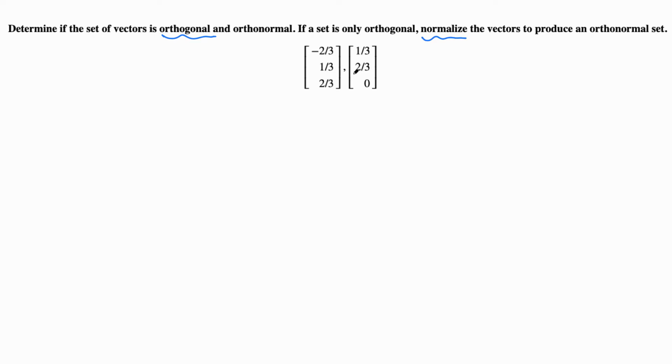Okay, so to check orthogonal, we multiply these two vectors. Let's say this is v1, second vector is v2, and if we take the dot product or inner product of these two vectors, what do we get? Negative 2/3 times 1/3, negative 2/9, plus 1/3 times 2/3, 2/9, plus 2/3 times 0, 0.